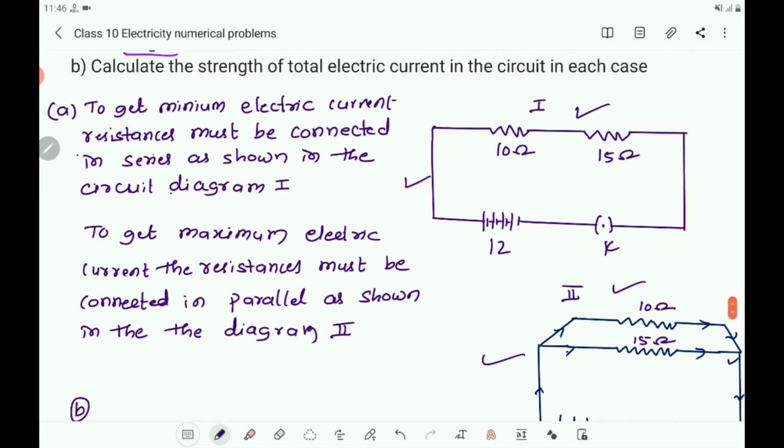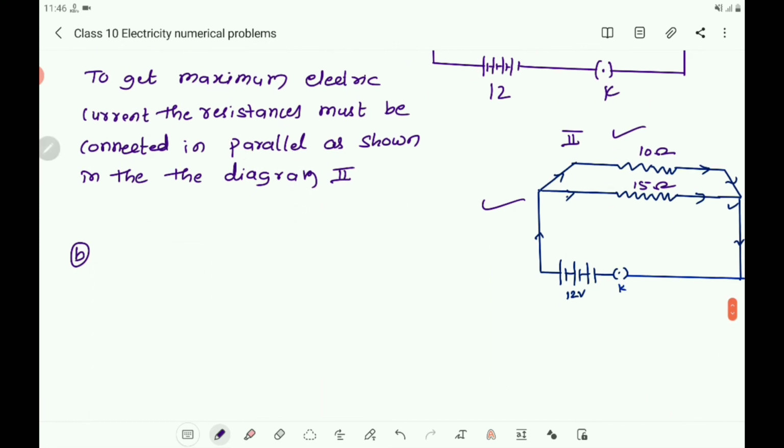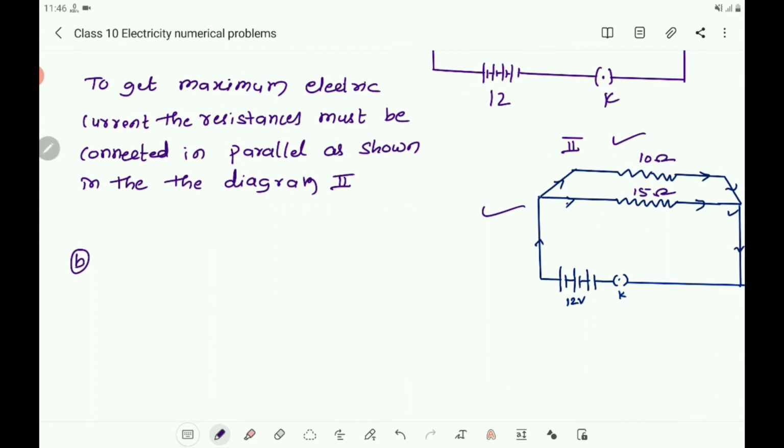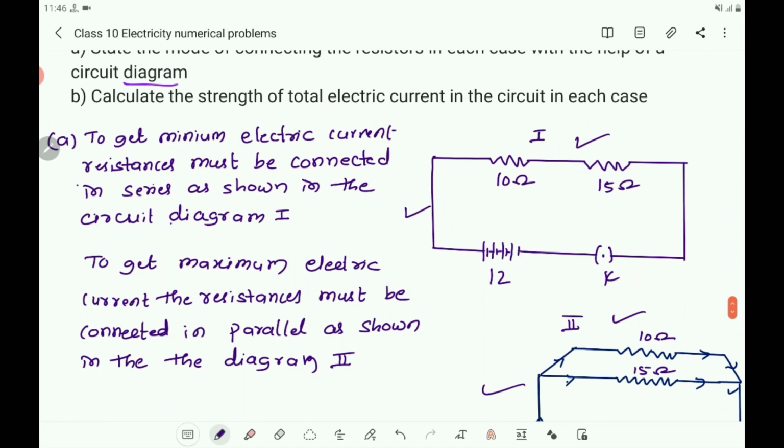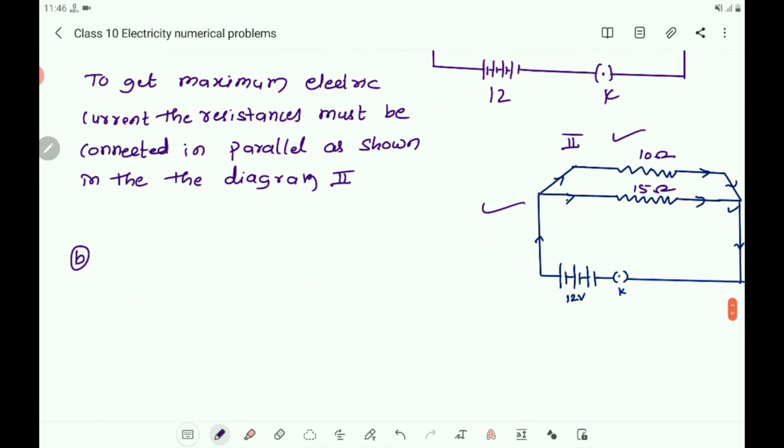So electric current in the series connection, you take here the strength of total electric current.